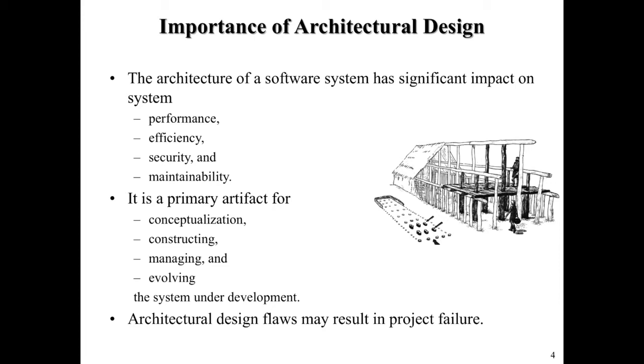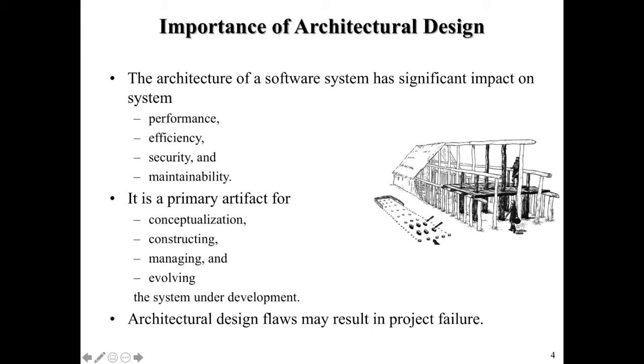Everything is in the brain, but you have to bring it into reality, meaning make the architecture, make its picture, make its model, use for example UML, draw it so that we can really feel it and see it. And then on the basis of the conceptualization you have made, you will construct it. Later on you will manage it, improve it, evolve it.